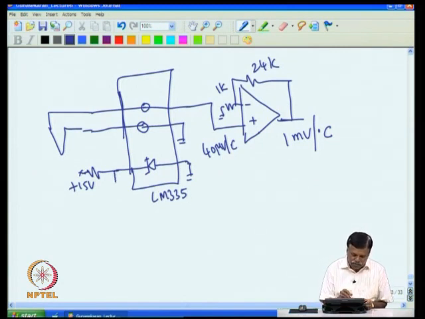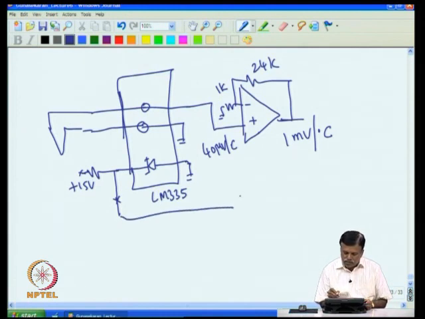We know that at this point you will get the temperature corresponding to this block. At 0 degree C it gives you 2.73 volt, and at 100 degree C it gives you 3.73 volt, which we had discussed earlier. So this voltage must be suitably altered and added to this to get the actual temperature.